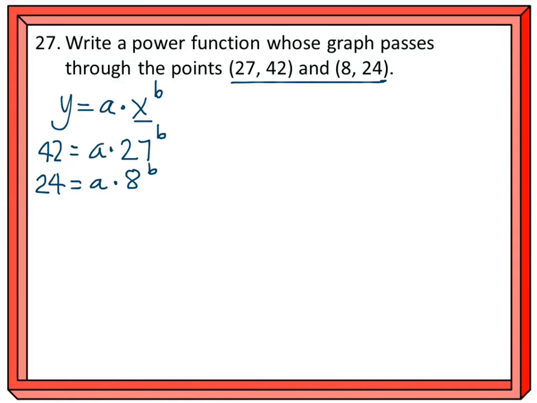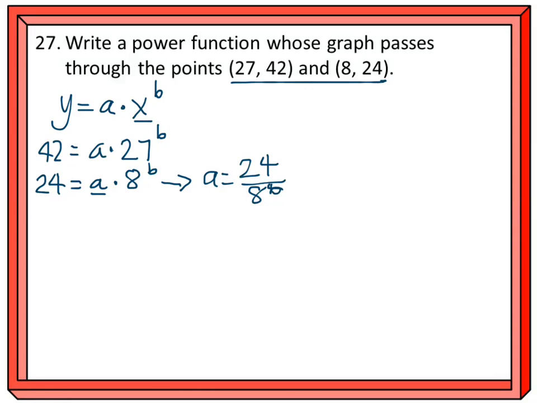Now we need to choose one of these to solve for a. It really doesn't matter which one, but I always choose the simpler one. In this case, it's the second one, and I'm going to solve it for a by dividing the 8 to the b over to the other side. So I have a is equal to 24 divided by 8 to the b.